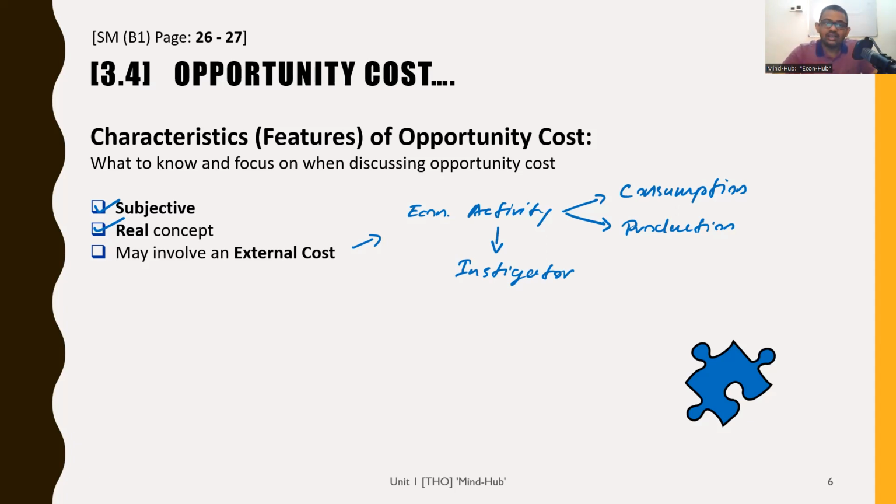falls ill. Then the parents have to rush to the hospital. Then they do some testing, dengue antigen most probably. And they realize the small infant, the baby, has contracted dengue fever.